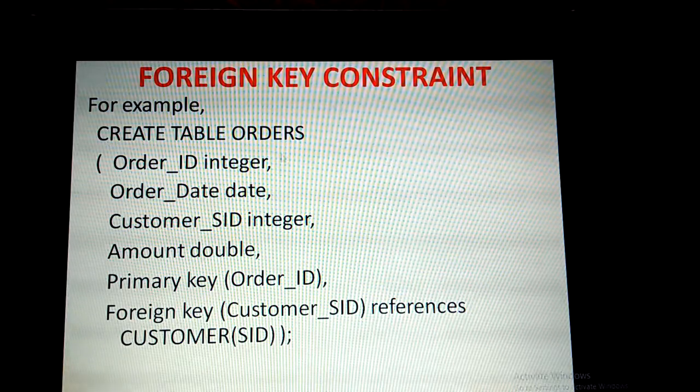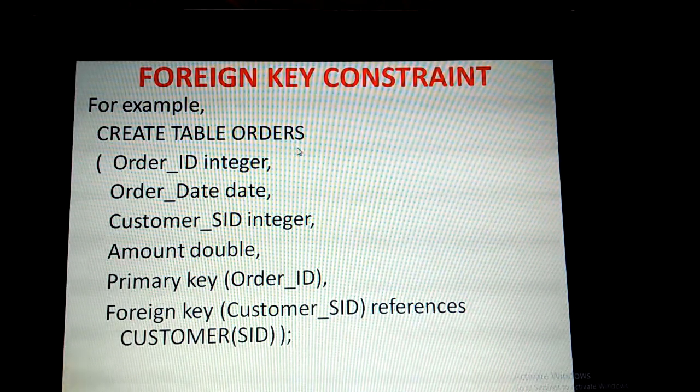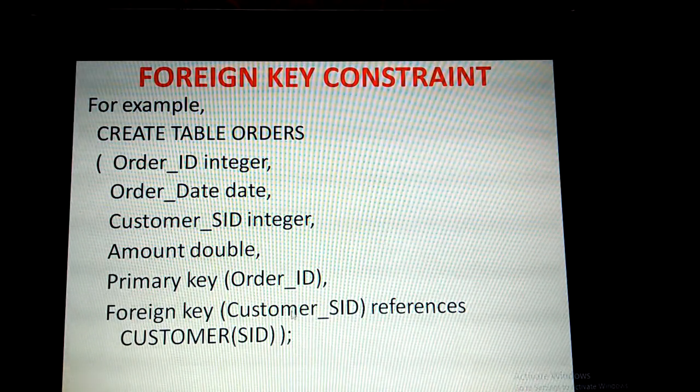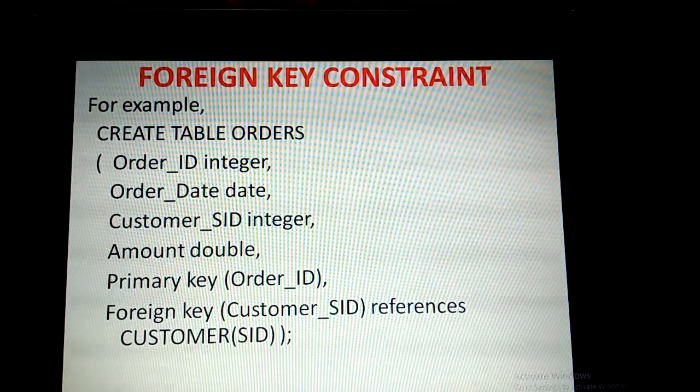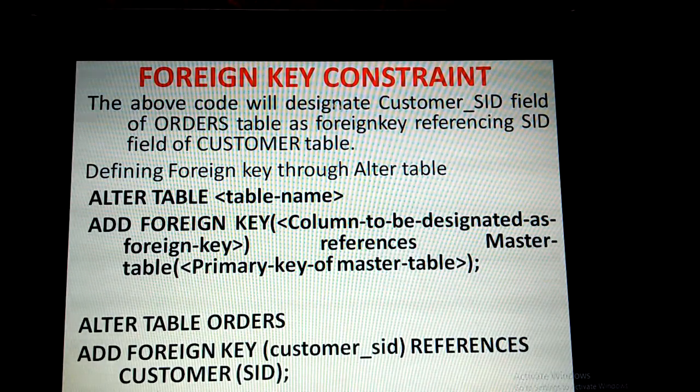Orders is the subtable here. So this subtable customer SID is going to refer to the base table customer SID field. So whatever values we have in the base table are going to be used in customer underscore SID also. Okay. So the above code will designate the customer SID field of the orders table as a foreign key, referencing the SID field of the customer table.